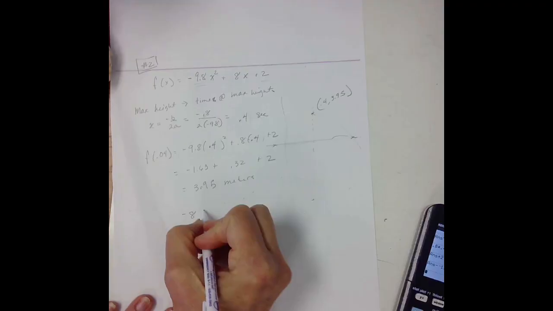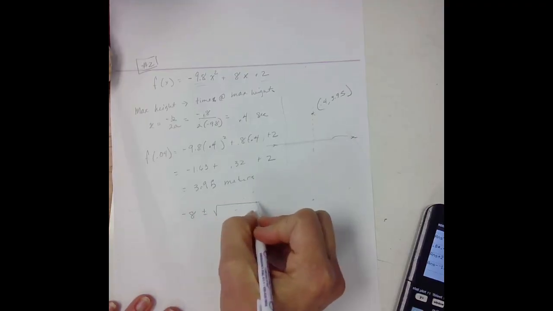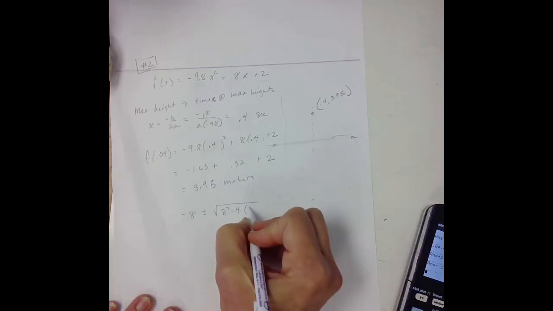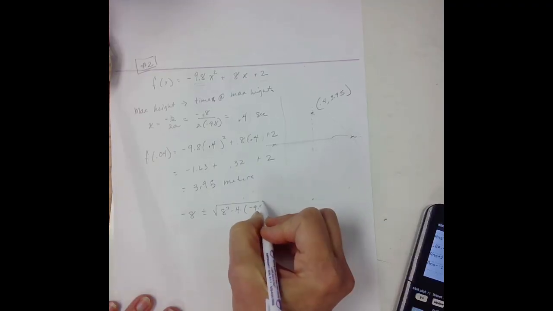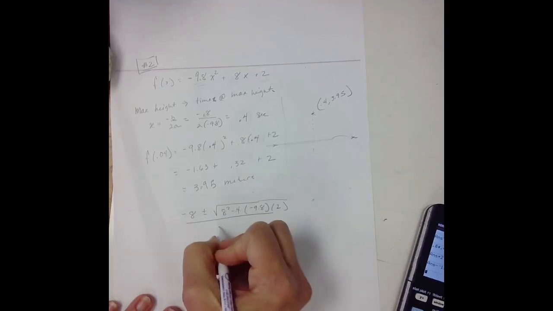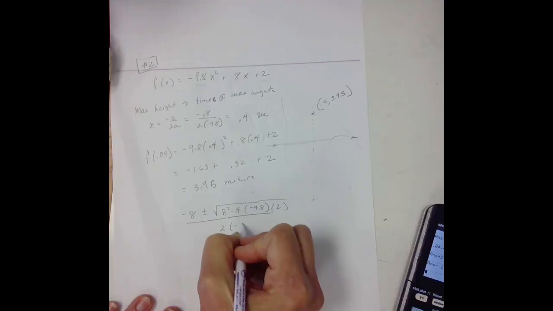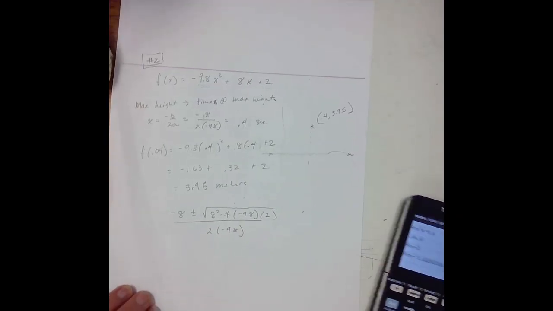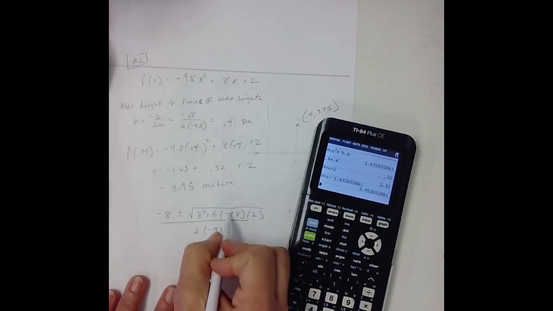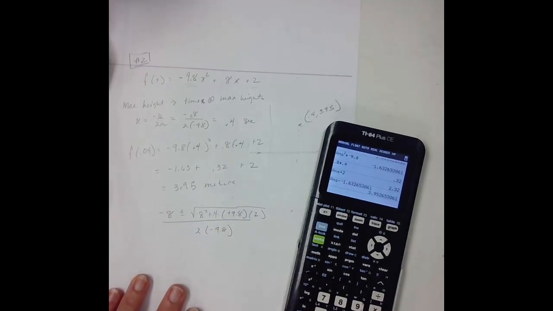So minus 8 plus or minus the square root of b squared, which is going to be 8 squared, minus 4 times a, which is negative 9.8, and then times c, which is 2, all over 2 times negative 9.8. So when you do this, inside I know I'm going to get a positive number because this is going to change this to plus. So I end up with 8 squared. Of course, you guys do it differently on your calculator.